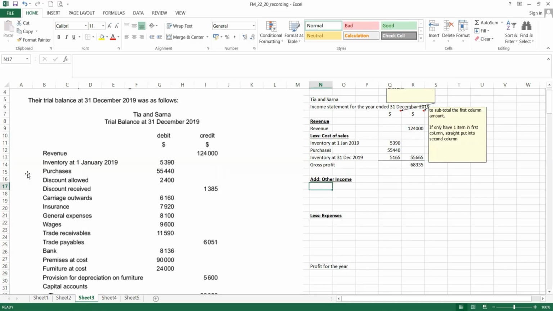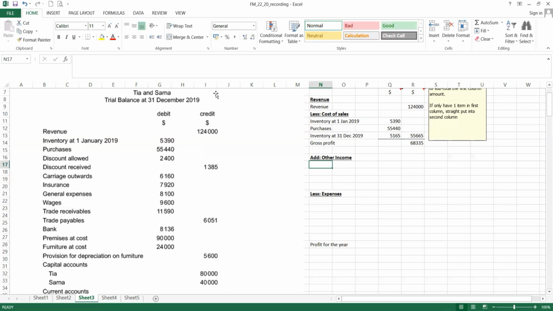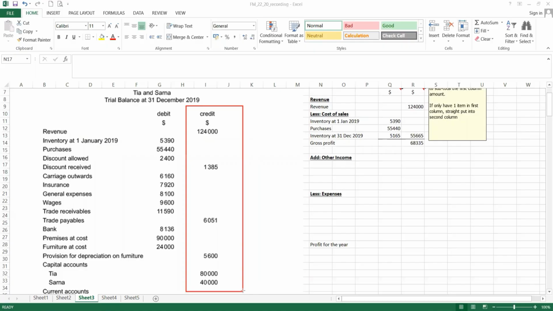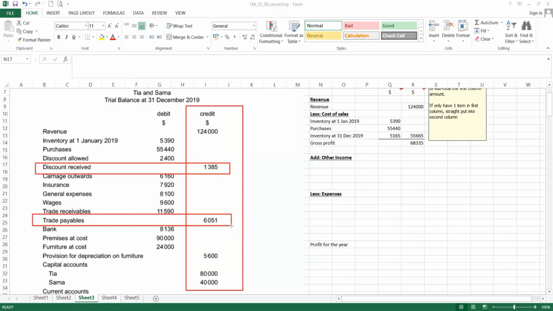Next, other income. See, is there any other income? For other income, you tackle it from the credit side. When you see your trial balance, look at the credit side items and see which one could be other income. For example, other receivable. Okay, this one, other receivable. And then what else? Trade payable, provision, and capital. So which one is related to other income?